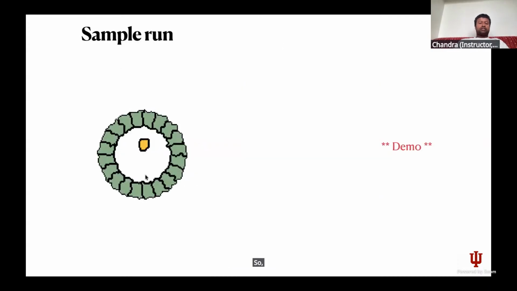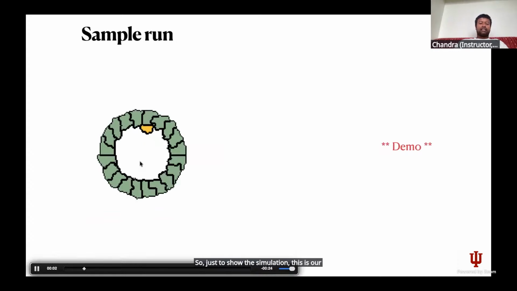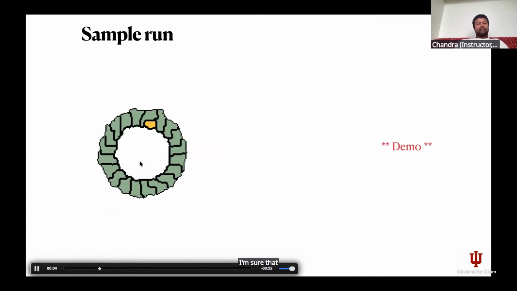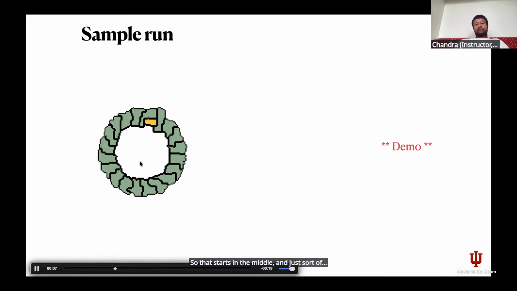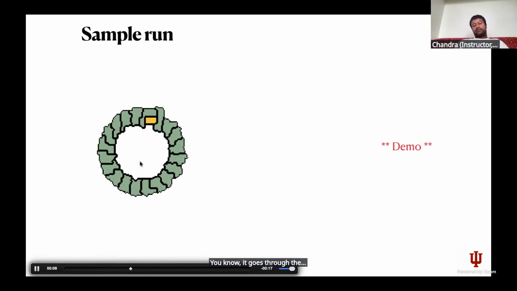So just to show the simulation, this is how a sample run would look. A germ cell that starts in the middle and goes through the barrier.